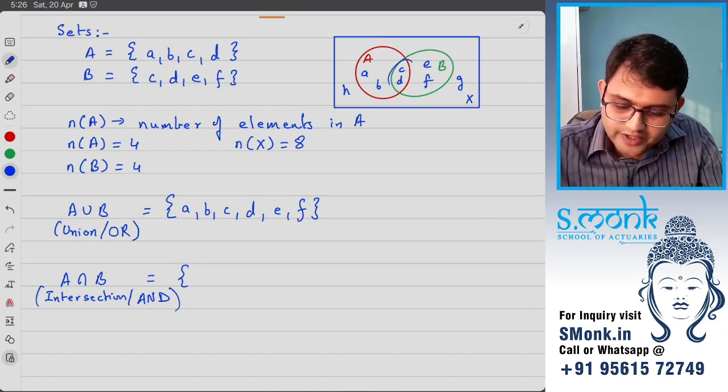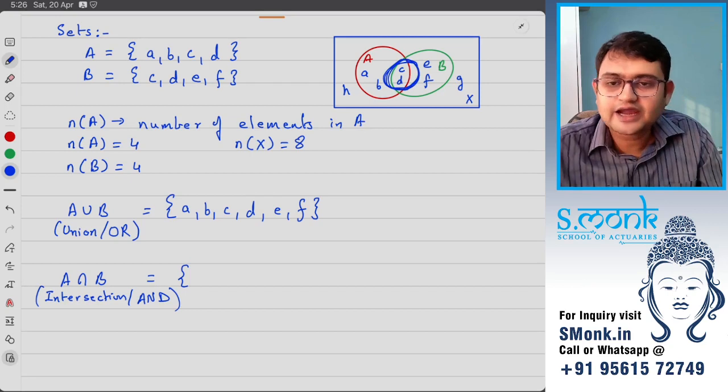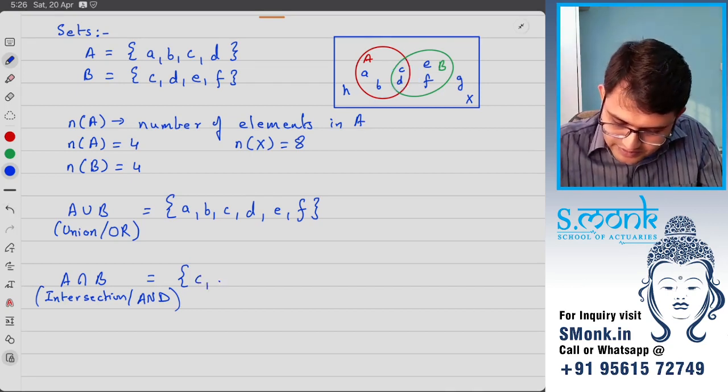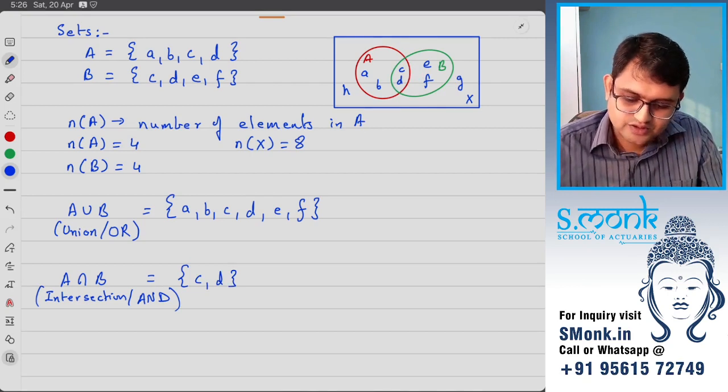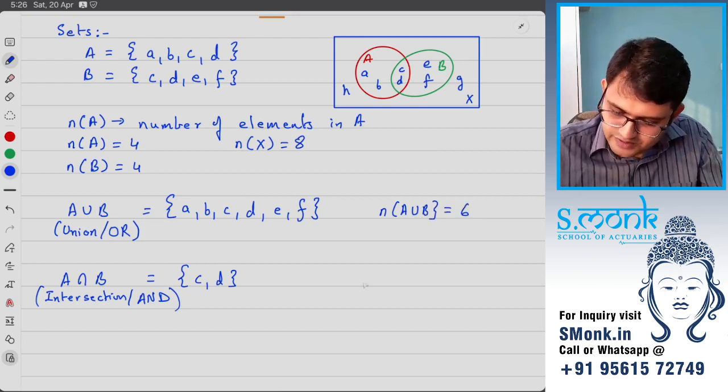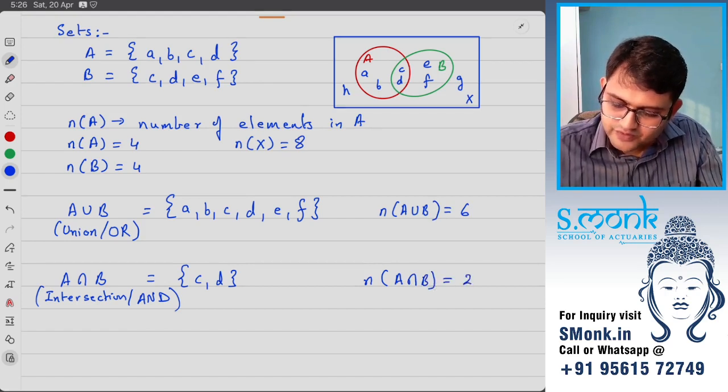There are only 2 elements that are in A and in B both, that is C and D. Similarly, if I want the number of elements in A union B, you can count it. I have 6. Number of elements in A intersection B, we have 2.